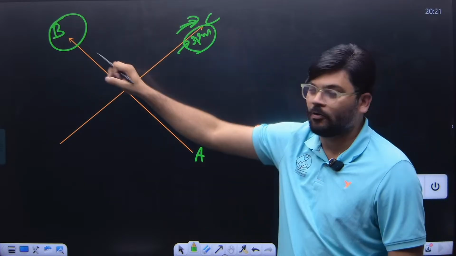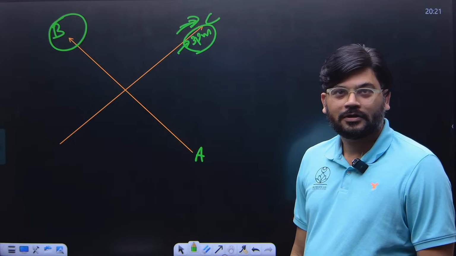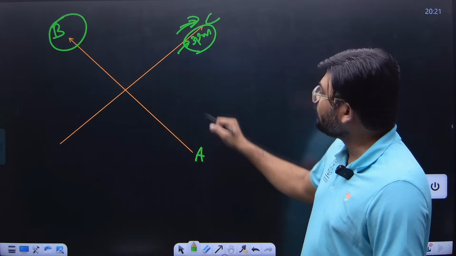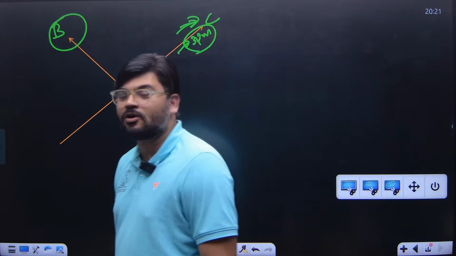With respect to A, it is 3 p.m. With respect to B, what will be the clock code?